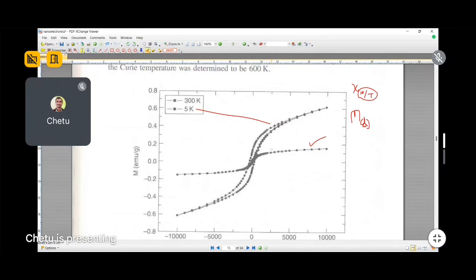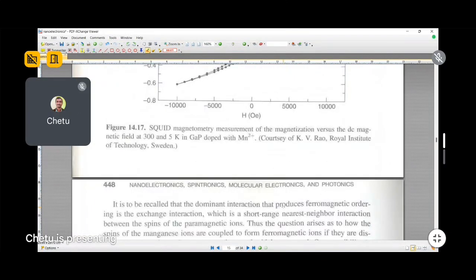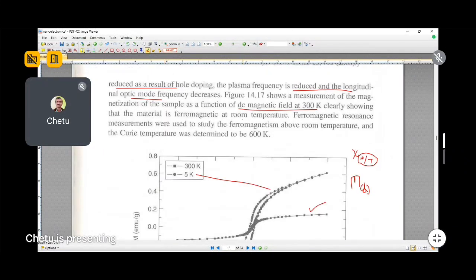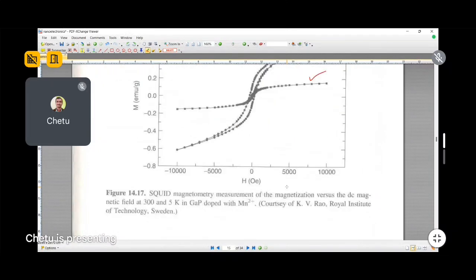As the temperature decreases, for certain materials you will see high values of the hysteresis loop, and also you will get high values of susceptibility. At the same time, there is the effect of particle size, since it is in the nano domain where the mean free path is bigger than the dimension of the nanoparticle for the electron. And here, the surprising thing is that in the case of a semiconductor, the holes are contributing to the magnetization. So that we have to always remember.